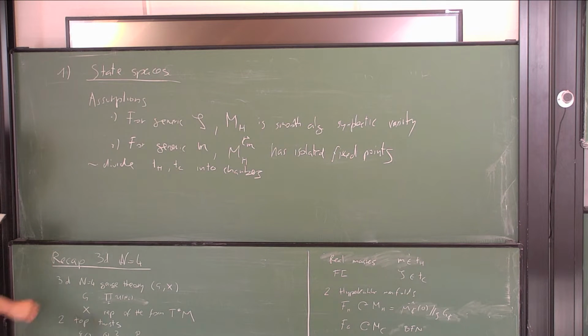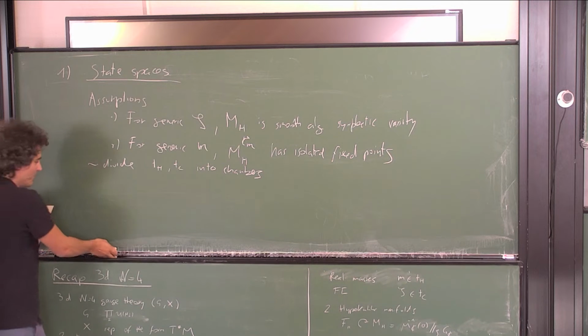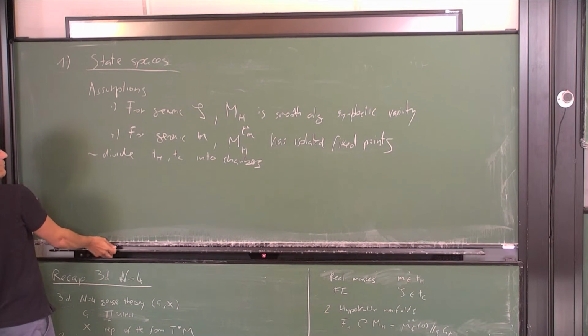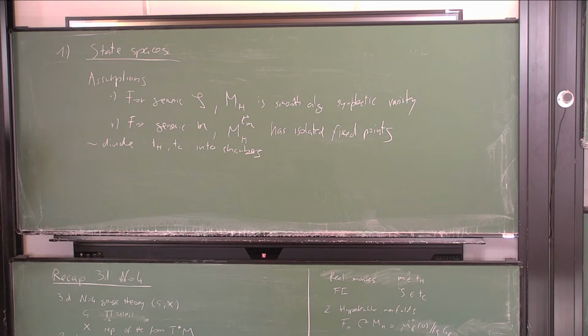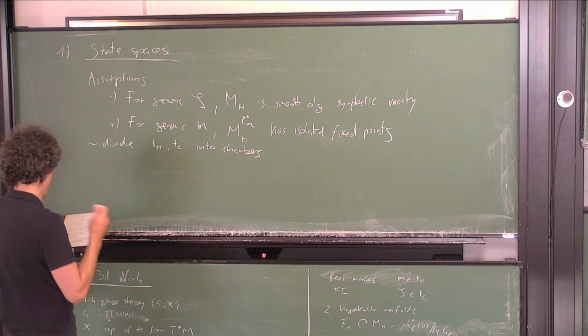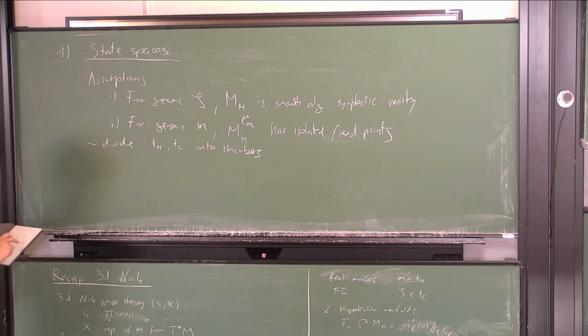And for the sake of this talk, I'm going to just always pick one, although it's interesting to study what happens when you go from one chamber to the other. I'm going to be a little bit more explicit with what I mean by that.